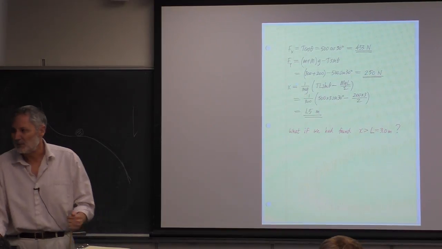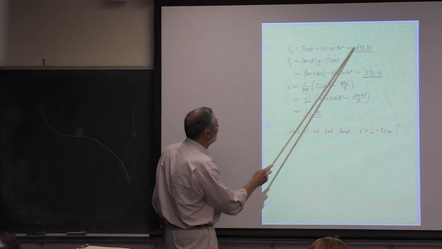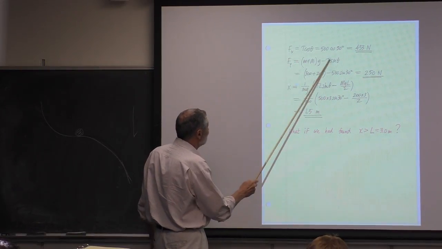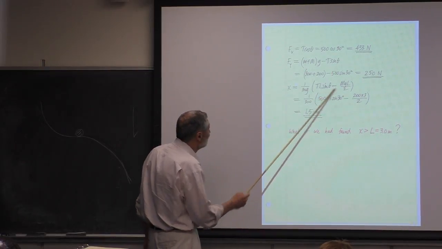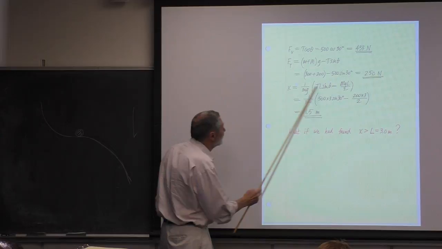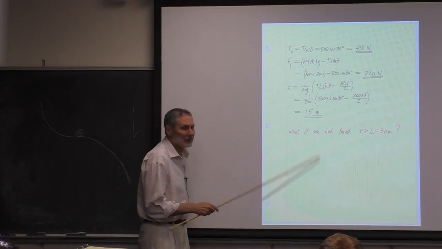So that's straightforward. Fx is going to be T times the cosine of theta. We know all that, so we get a value. Fy is going to be this. I've just moved the T sine theta over here. We can calculate that. And the interesting thing is x. When I plug the numbers in, we happen to get 1.5 meters.